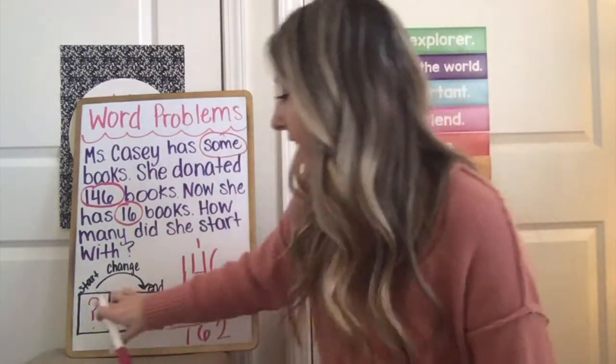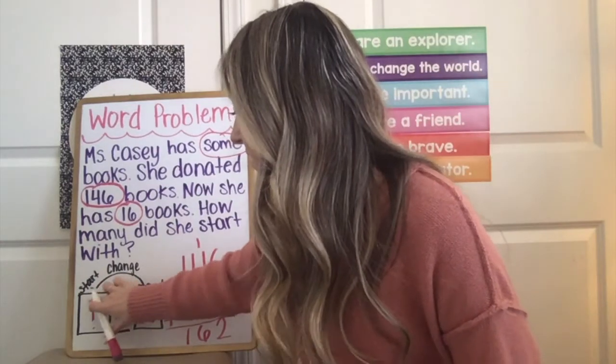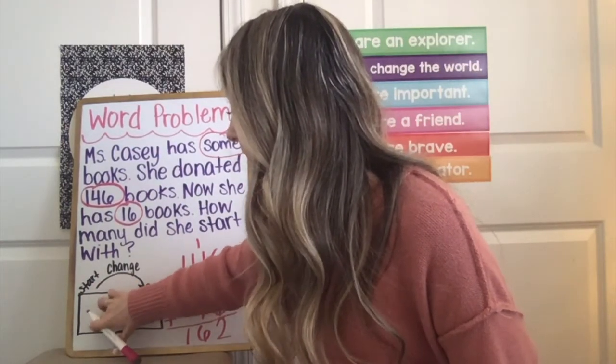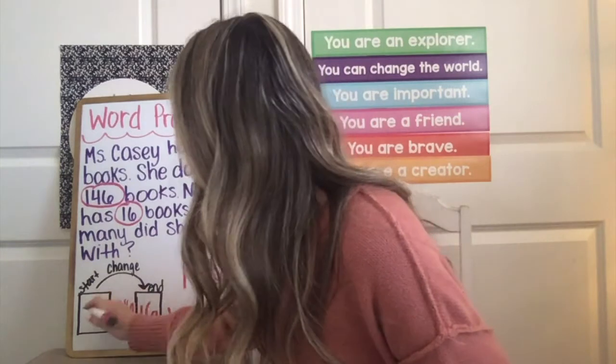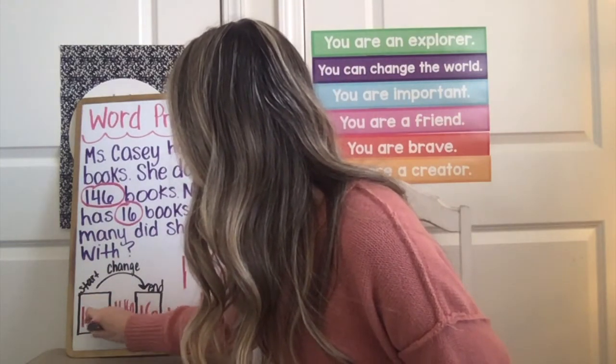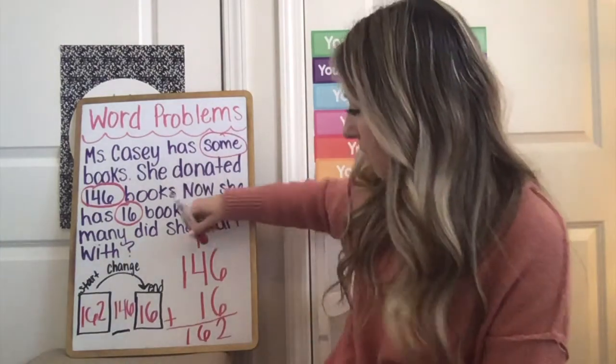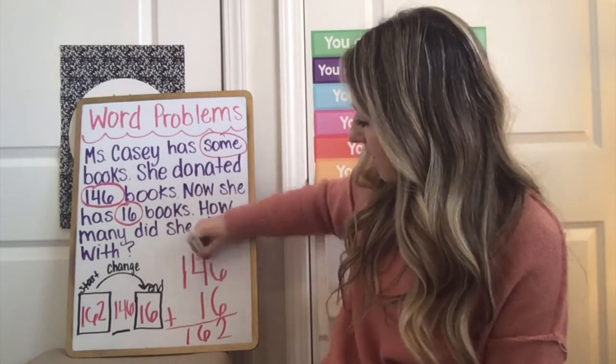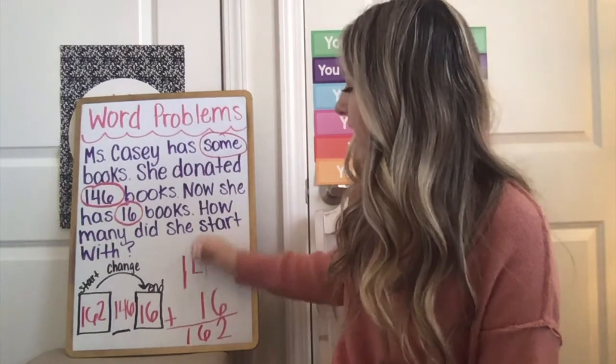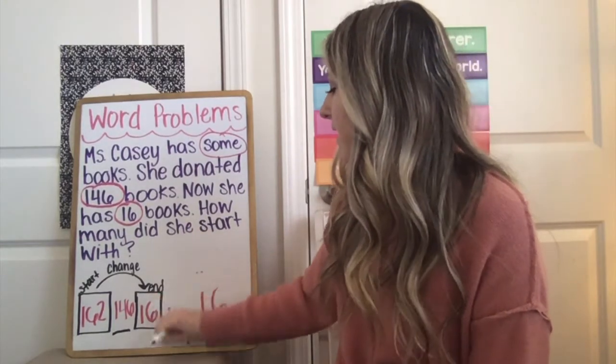162. Now, that should be what I started with. 162. So, how can I check to see if this makes sense?